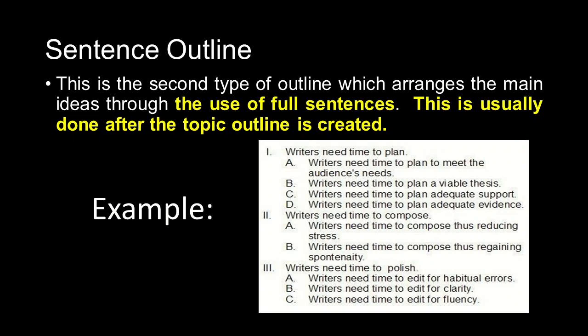So what's the function of the sentence outline? Once you are able to expand your topic outlines into full sentences, the next step would be to put together the sentences found in your sentence outline, arrange them into paragraphs as signified by your Roman numerals, and then you are already given your actual paragraphs.